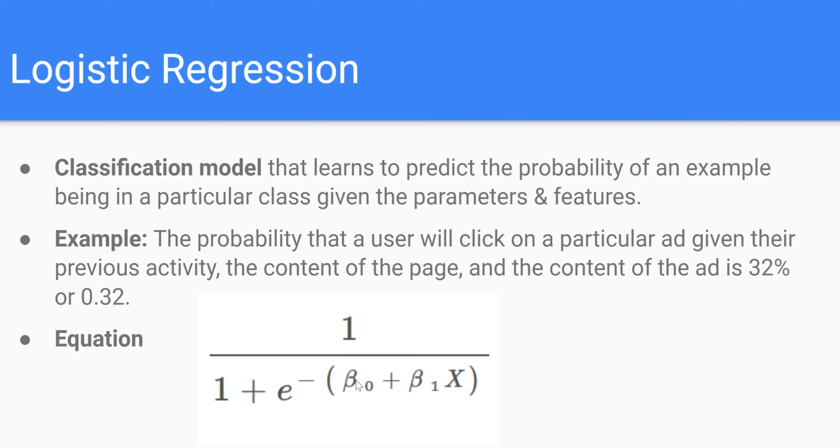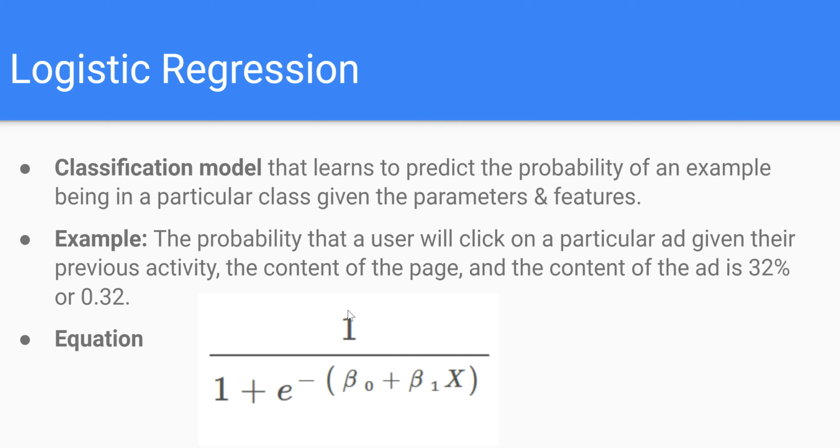You have the intercept, beta naught, plus beta 1, which is your only parameter here, times x. This is a simple linear regression equation, but it's embedded in this outer function, and we're going to transform the output of that.